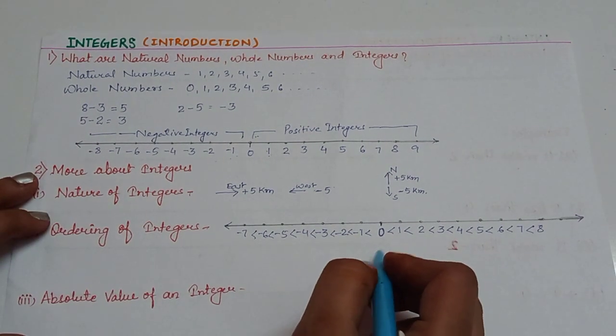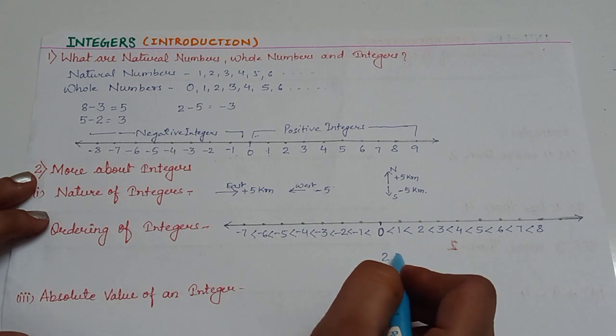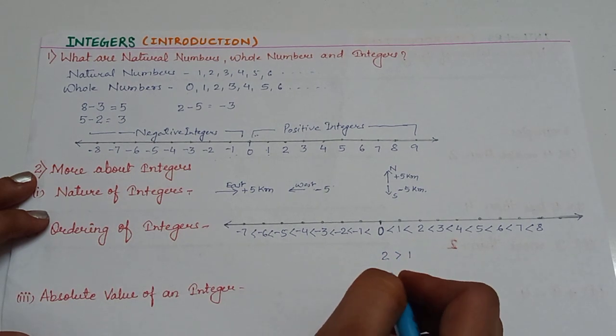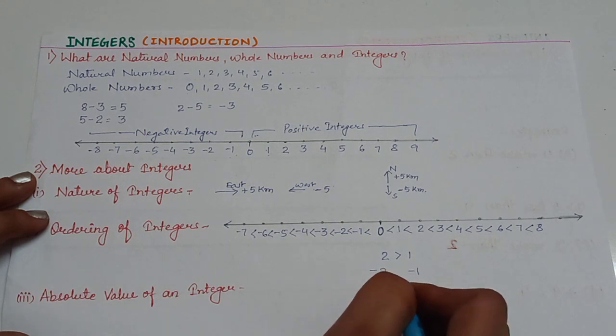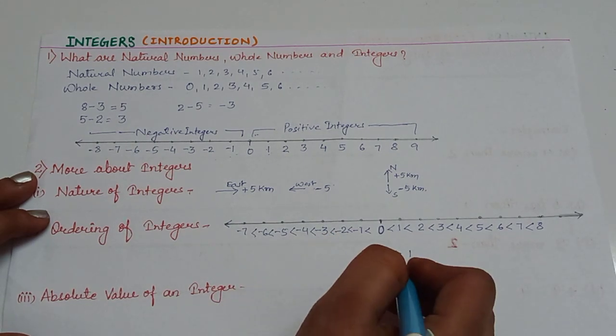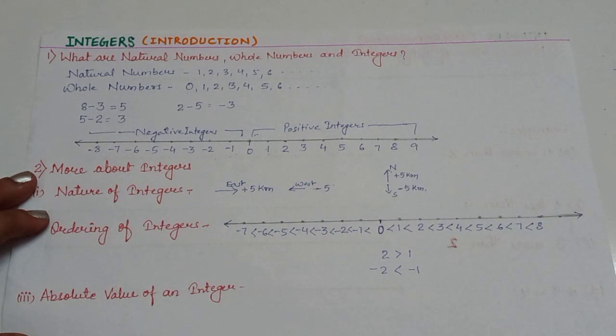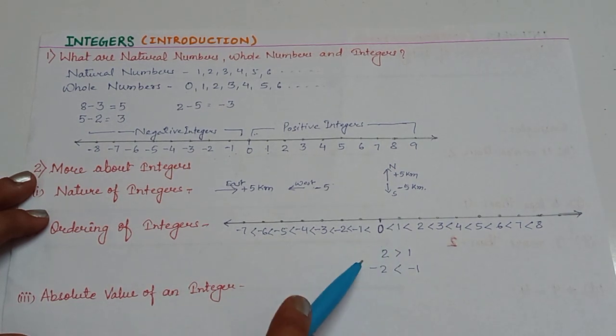If I write 2 greater than 1, but if we introduce minus, -2 and -1, you can see here -1 is greater than -2. As we introduce the negative sign, the sign of greater than also changes. If 2 in positive is greater, then the same number in the negative will be smaller.